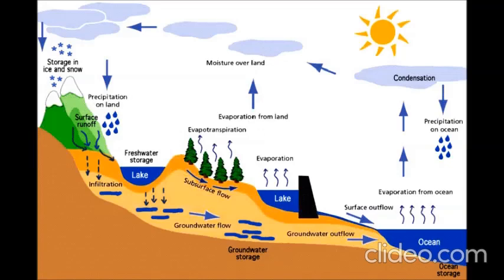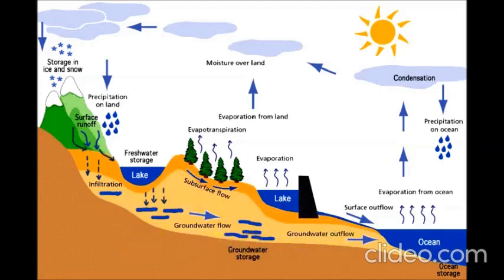The water cycle or the hydrological cycle describes the continuous movement of water on, above, and below the surface of the earth.